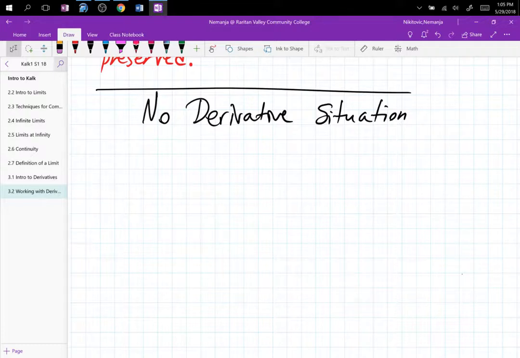Let's say you have the absolute value of x. So y equals absolute value of x will have no derivative at 0. And that's just because of the definition of a function. We know that the derivative is a function, right? We defined that before. A function that generates all slopes. So derivative should be a function.